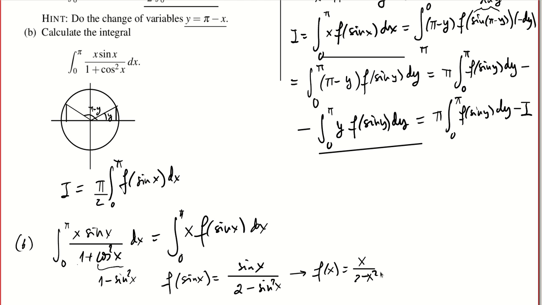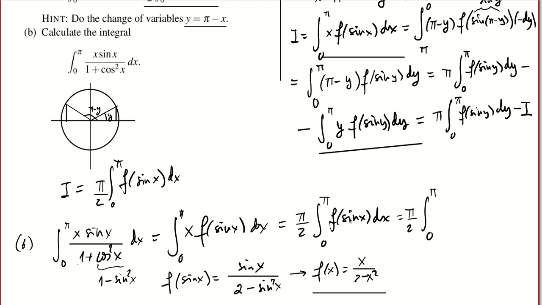All right. So we have found a function so that this integral can be expressed like this, and according to the result we just proved, this is equal to pi half the integral from 0 to pi of f of sine of x dx, and f of sine of x is of course this one, the sine of x over 1 plus cosine squared of x.